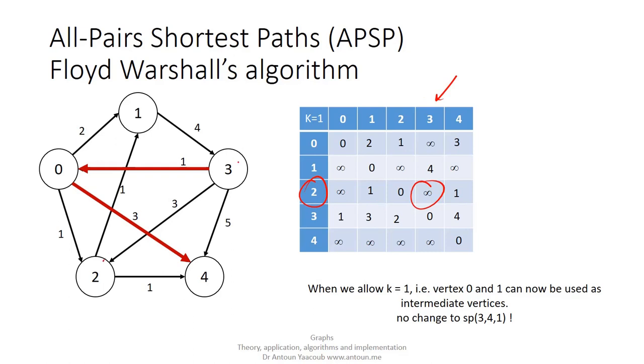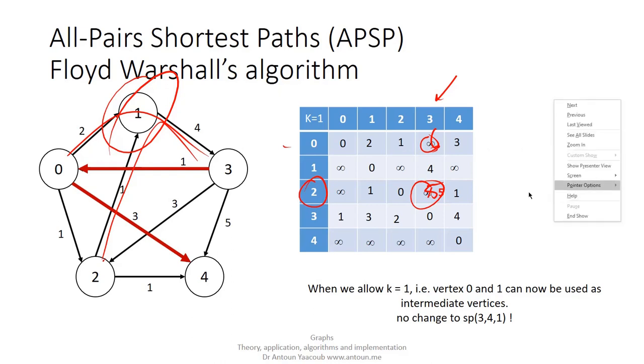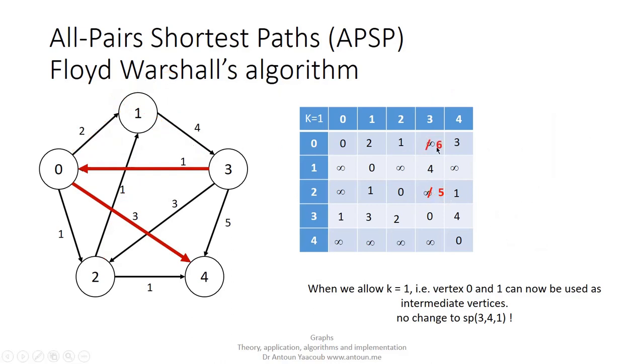However, if I want to go from 2 to 3 via 1, I have 5. Also, from 0 to 3, it's infinite. However, I can pass via 1 and take 6. So we have 5 and 6. In your case, you need to check this, and in the code, just the 3 for loops will do it automatically.